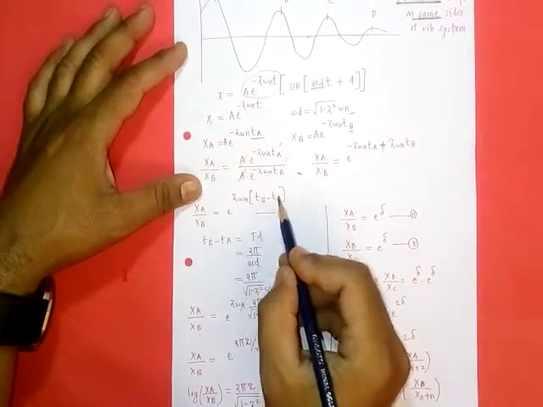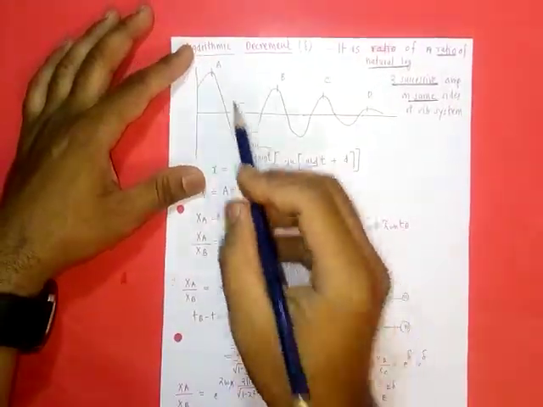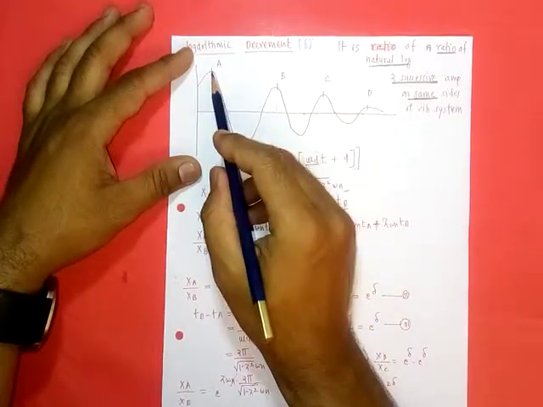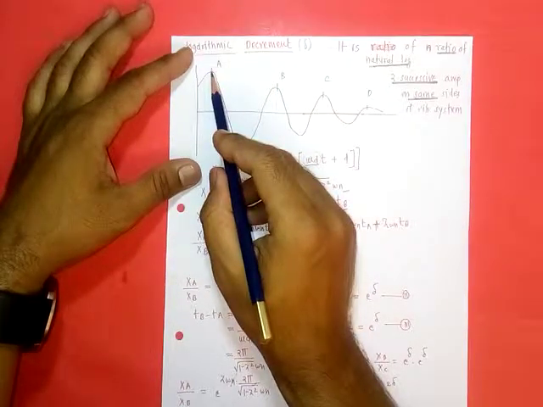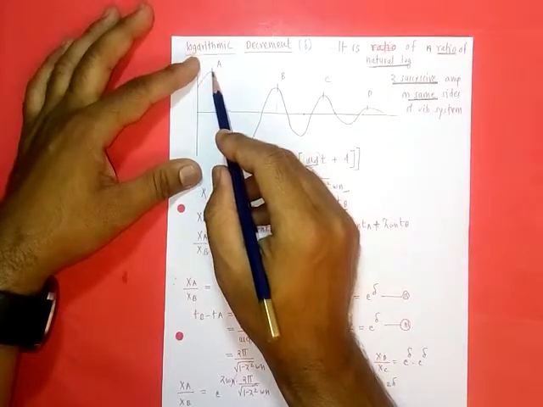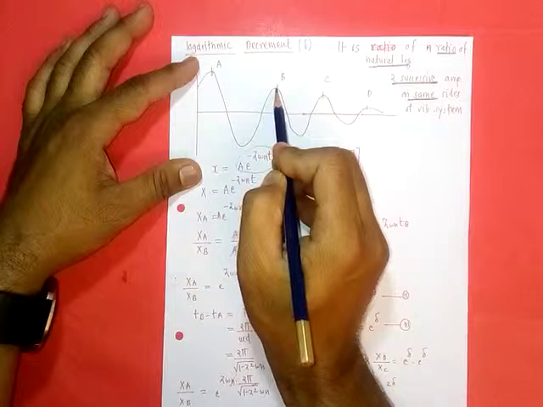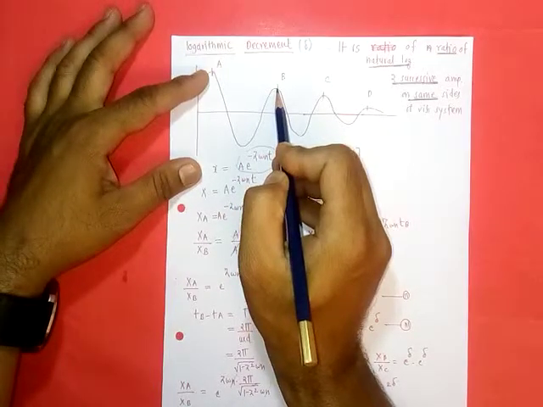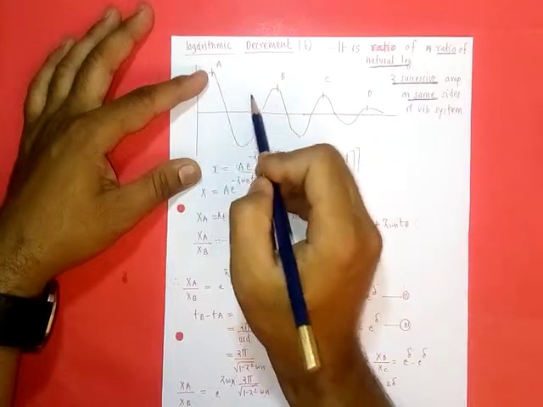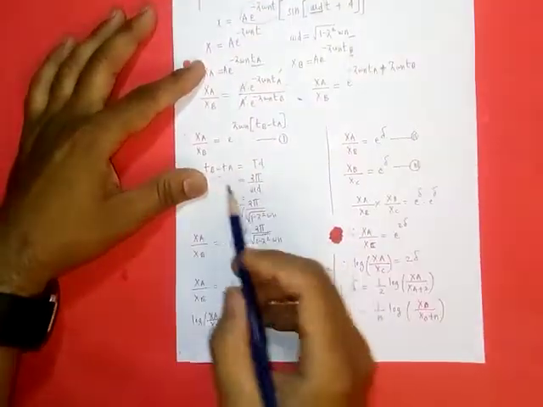So what is tb minus ta? Tb minus ta is the time required for a particle performing vibrating motion to come to its original position, that is, on the same side. So this will be the time period of this cycle by definition.